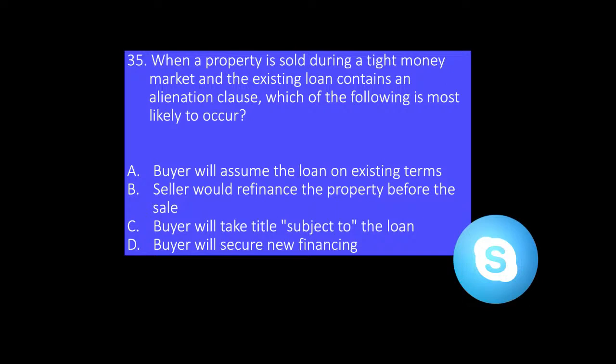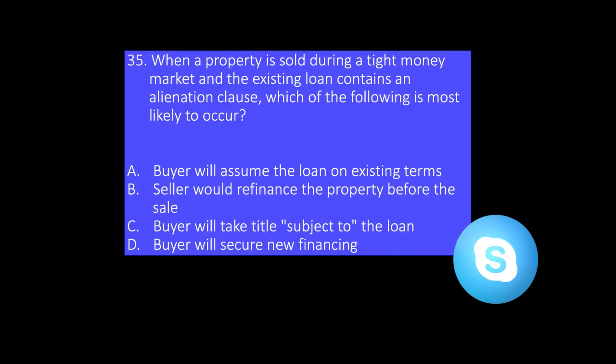That's what a tight money market is, right? And then it says the existing loan contains an alienation clause. An alienation clause is actually due on sale. What that means is that if you try to sell it, the bank wants to be paid immediately.